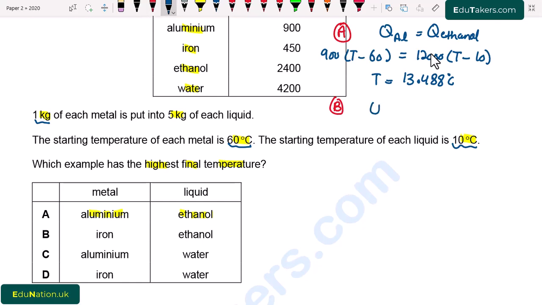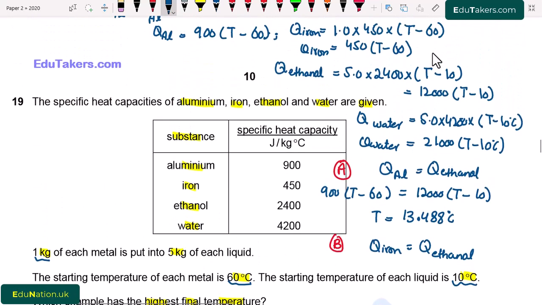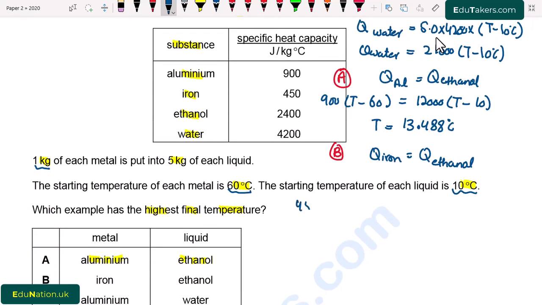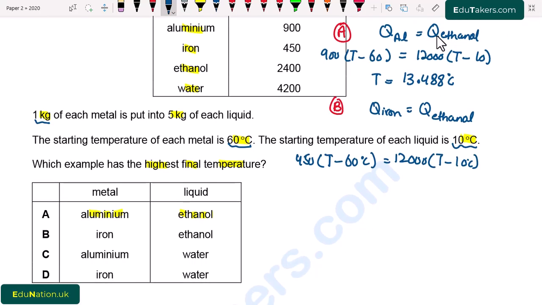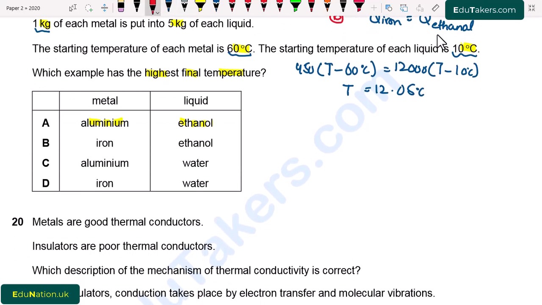It means that heat of iron is equal to heat of ethanol. Now I am going to put values here. For the iron it is 450(T − 60), which will be equal to, for ethanol, 12,000(T − 10) degrees C. So the value of temperature in this case will be equal to 12.05 degrees C.